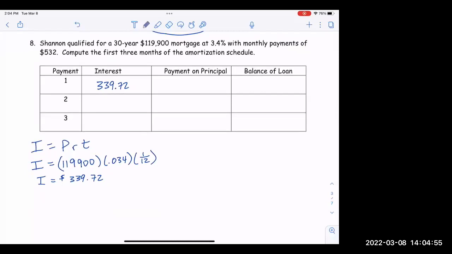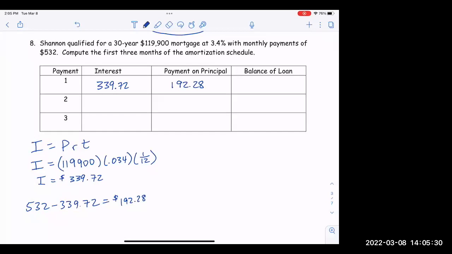So that means the payment on my principal would be the difference in those two numbers. 532 minus 339.72 is going to give me $192.28. So of my $532 payment in that first month, $339.72 is going to interest. Only $192.28 is going to paying off what I owe.